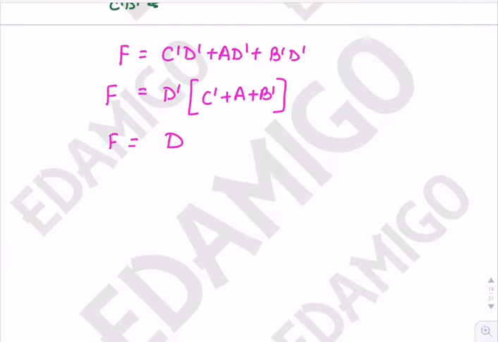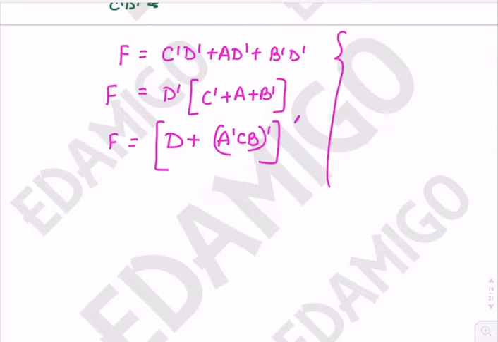Function F can also be written as A plus, okay, because we know the property that (X plus Y) whole complement is equal to X complement times Y complement.